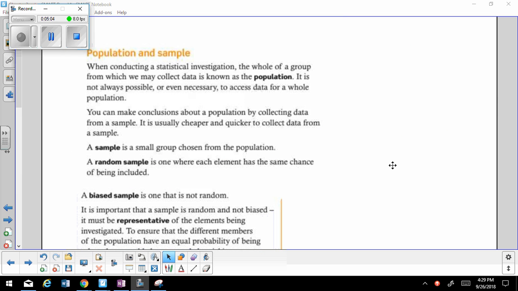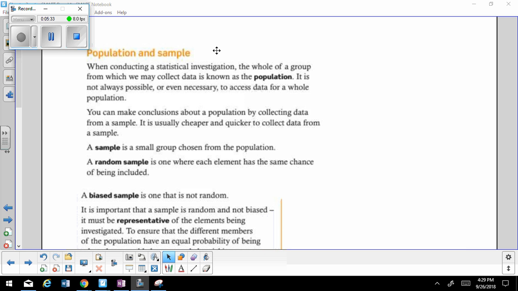Moving on, you have your next topic, your population and sample. So go ahead and read this. Okay, so the key part is whatever you're collecting, you're taking it from somewhere, and that somewhere is the population. From all of the people, like if you're measuring something from a human standpoint, all the humans in the world would be your population.